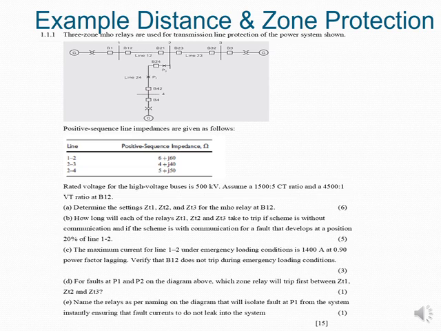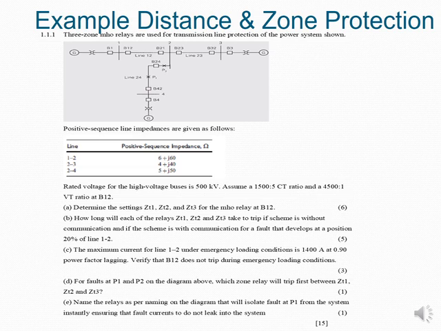Your line 1-2, line 2-3, and line 2-4 all have impedances that have been given. For 1-2 it is 6 + j60, for 2-3 it is 4 + j40, and for 2-4 it is 5 + j50.